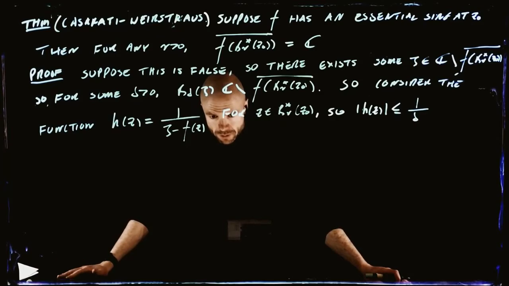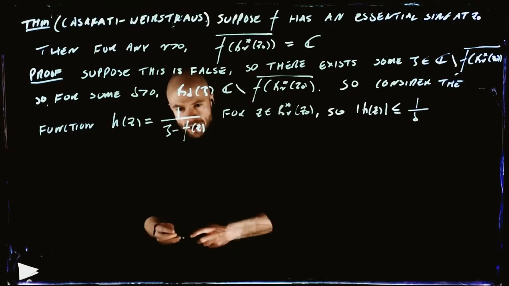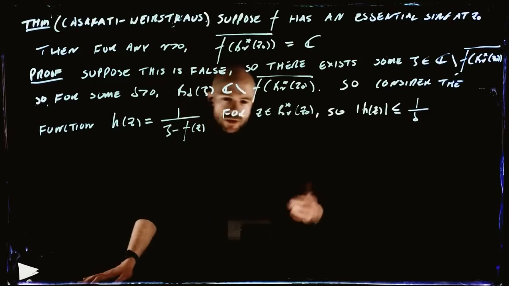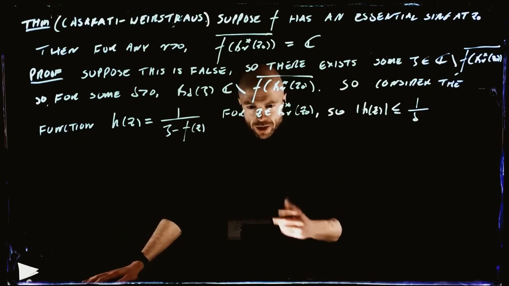So, tell me cool things about h then. What kind of singularity does h have at z0? Start again. Does it have a pole at z0? So we've learned about singularities. We've learned there are 3 kinds. Let's just list them off. What would you expect from h if it had a pole at z0?